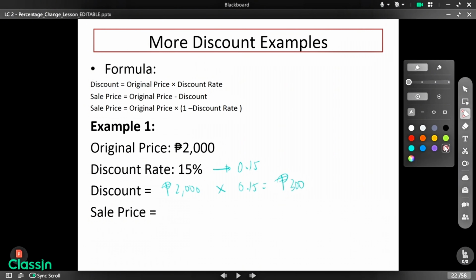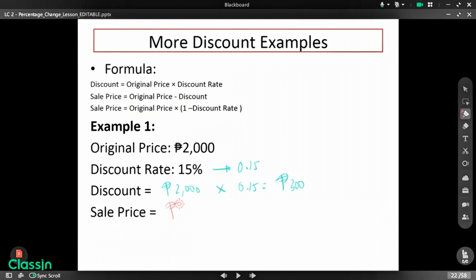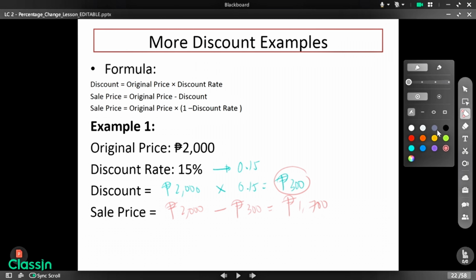And our sale price is the difference of the original price, which is 2,000, minus the computed discount, 300 pesos. So the answer is 1,700 pesos.